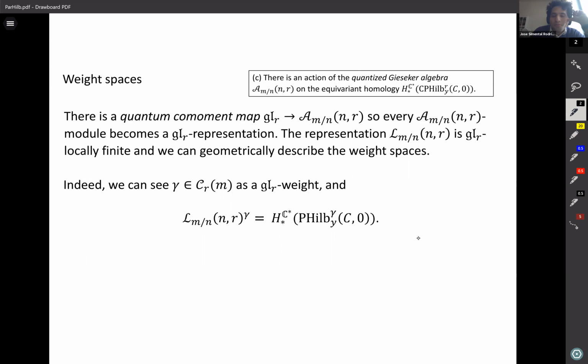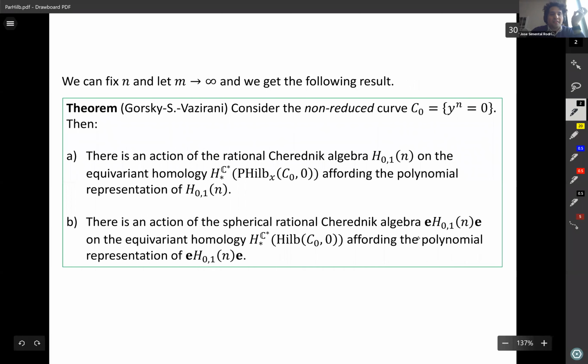Okay, now we can do the following trick. We can fix n, which is the rank of the group in the Cherednik algebra, and we can let m go to infinity. From the geometric side, what we're going to have is the non-reduced curve, which is given by y to the n equals 0. From the algebraic side, what we're going to get is the Cherednik algebra now with parameters 0, 1, because letting c go to infinity is the same thing as letting t go to 0.